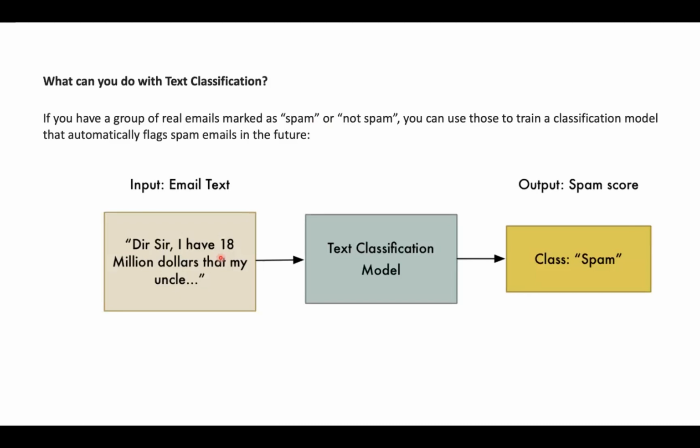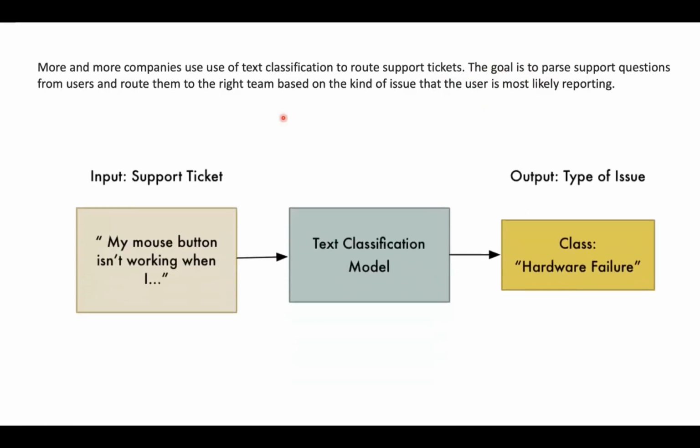You can expand the idea of filtering beyond spam and abuse. More and more companies are making use of text classification to route support tickets. The main goal here is to parse support questions from users and route them to the right team based on the kind of issue the user is most likely reporting. Say the question is, my mouse button isn't working when I, and so on.